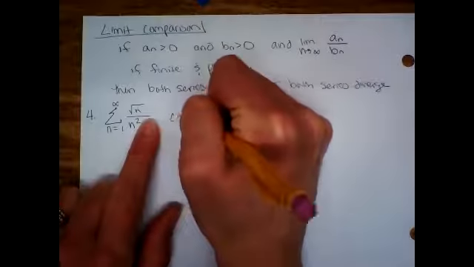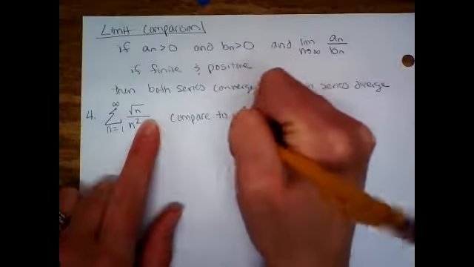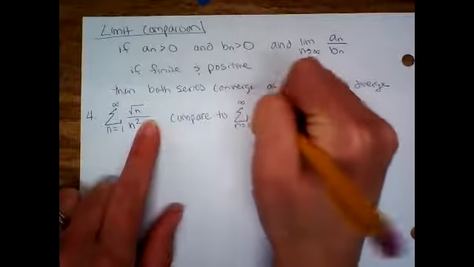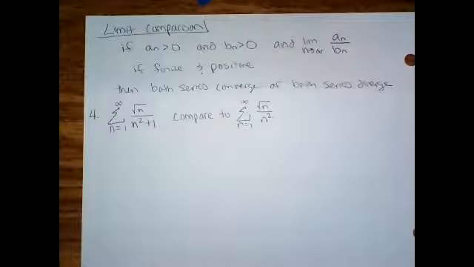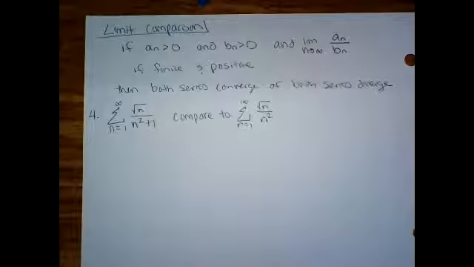So what part of that can we leave out when we do our comparison, the insignificant part? Yeah, leave that out. All right, so we're going to compare this to that whole thing except the +1. Now I would like to reduce that a little bit. The square root of n, that's n to the 1/2.